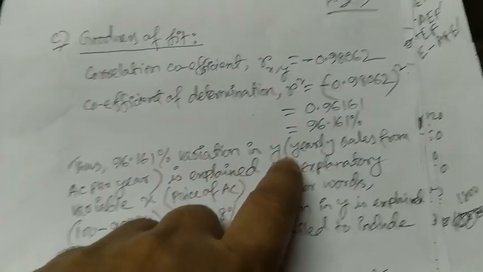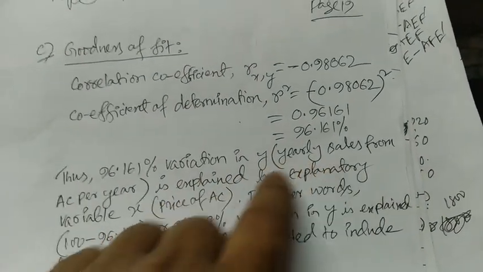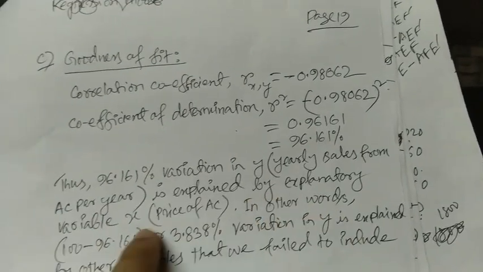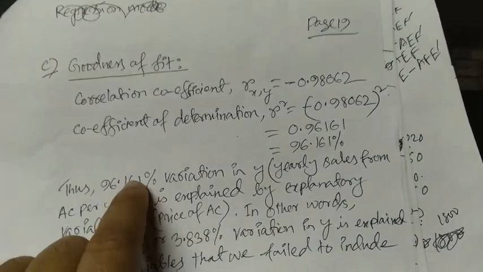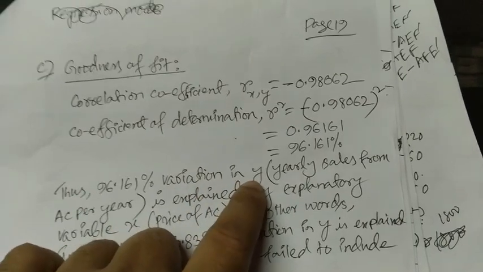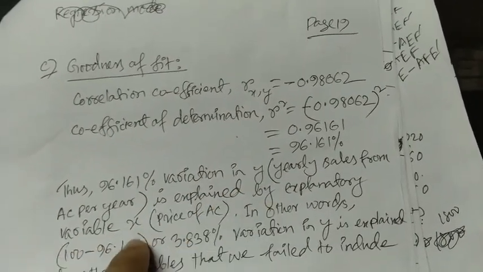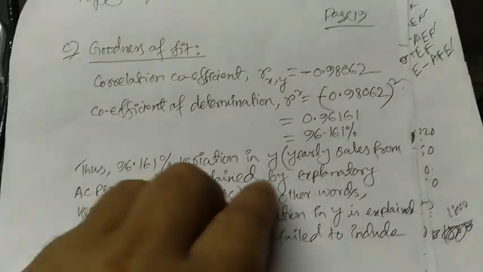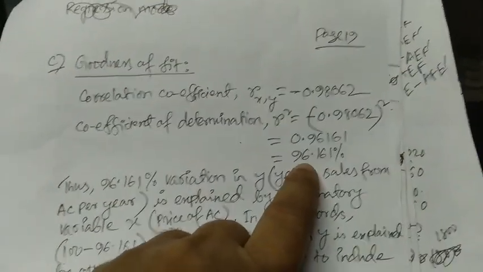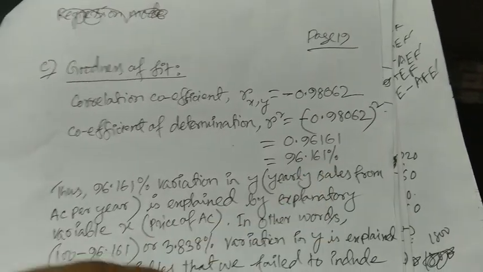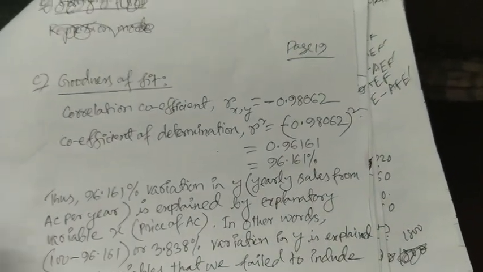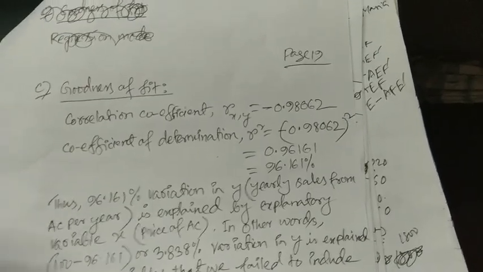Thus 96.161% variation in Y, that is yearly sales from AC, is explained by the explanatory variable X, that means the price of AC. In other words, 96.161% variation in yearly sales is due to movement in price.